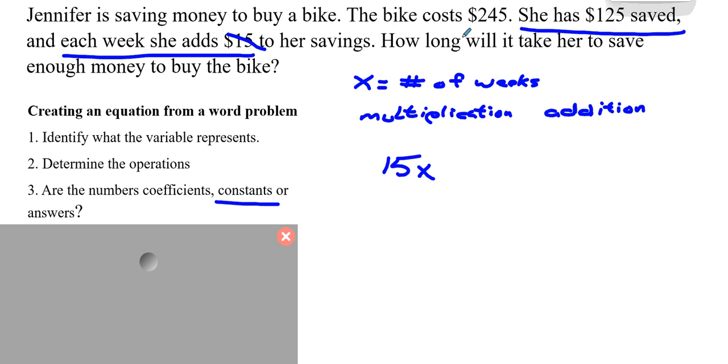Whether she saves for 10 weeks or 1 week, the number she started at is going to be 125. So 125 is a constant. That's not going to be with our variable. And since we've already used multiplication, we're going to add 125. And the bike's cost, that's going to be our total, 245, because that's what we're trying to get to.